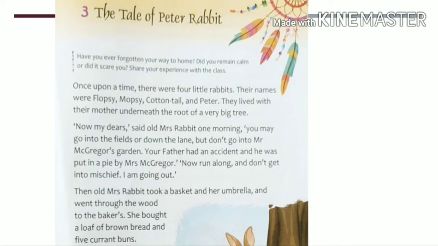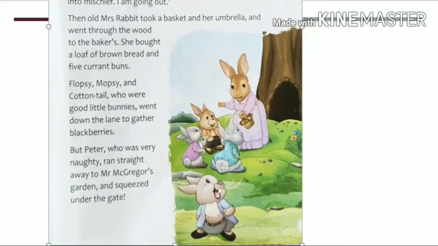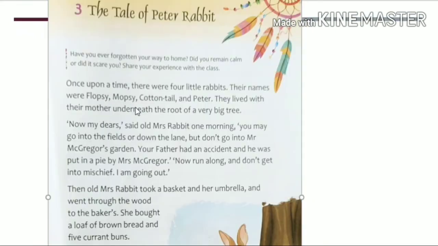Once upon a time, there were 4 little rabbits. Their names were Flopsy, Mopsy, Cottontail and Peter. They lived with their mother underneath the root of a very big tree. Alright children, please underline the word underneath. It means below.